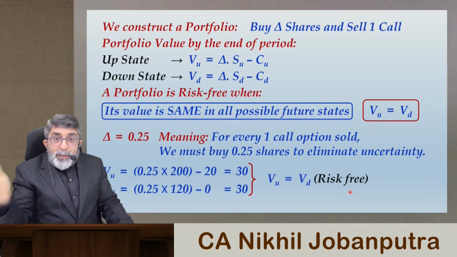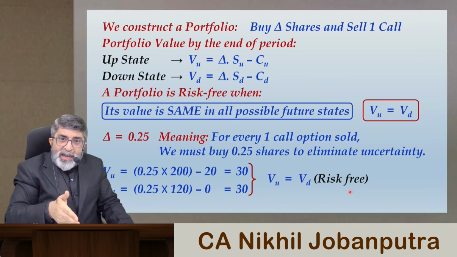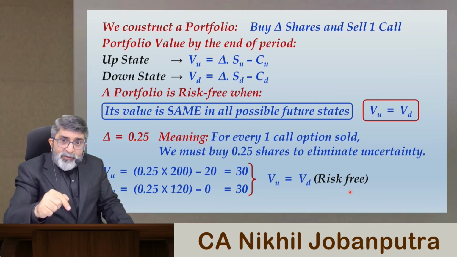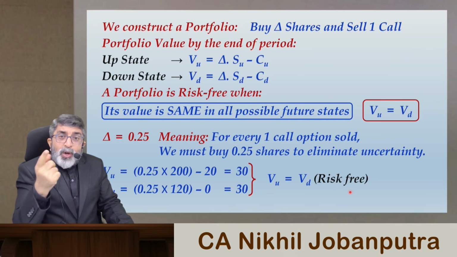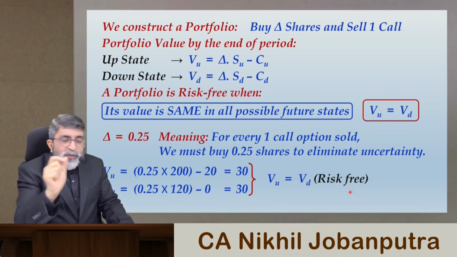If there is a risk free portfolio which has a future value of $30, its present value will be arrived at by discounting $30 using the risk free rate as the discounting rate. So what will be V0? What will be the present value of your portfolio? The V0 value, or the present value of your portfolio, will be the present value of $30.